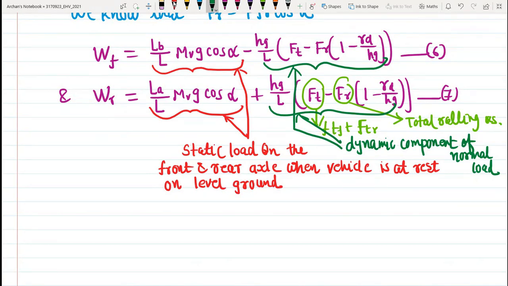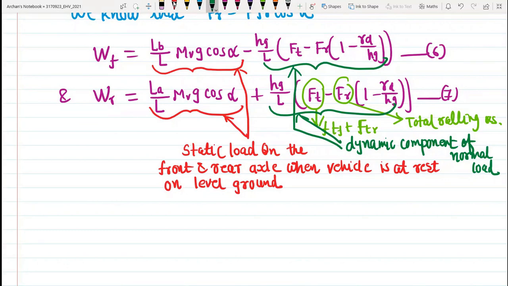Now, consider the maximum tractive effort that the tire-ground contact can support. Any small amount over this maximum tractive effort will cause the tire to spin on the ground. This maximum tractive effort is usually described by the product of the normal load and the coefficient of road adhesion, denoted by mu.